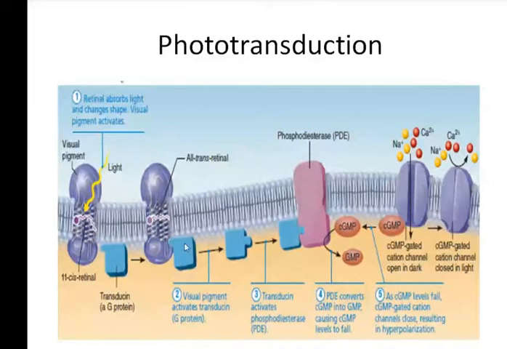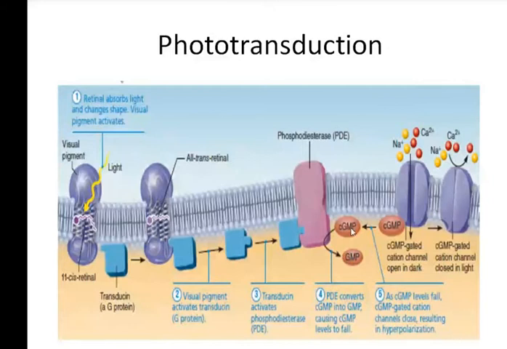The activated transducin further activates the enzyme phosphodiesterase. When this enzyme is activated, it converts cGMP into GMP.